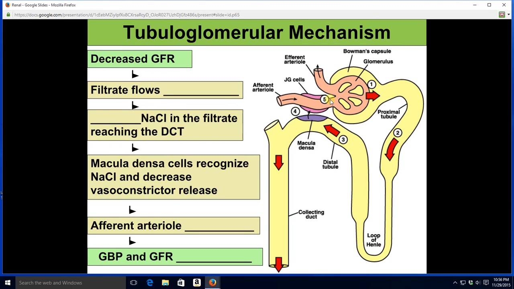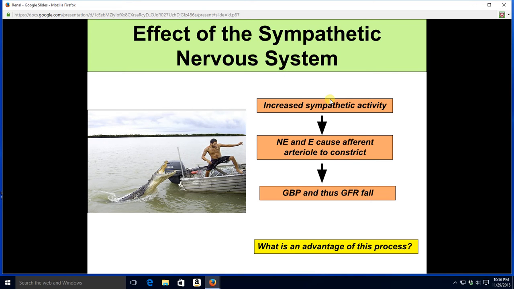Now we're done with maintaining glomerular blood pressure and glomerular filtration rate. And we got to talk about some other things that can affect it, including the sympathetic nervous system. In the case of increased sympathetic activity, the copious amounts of norepinephrine and epinephrine that are going to be released are going to cause the afferent arteriole to constrict.